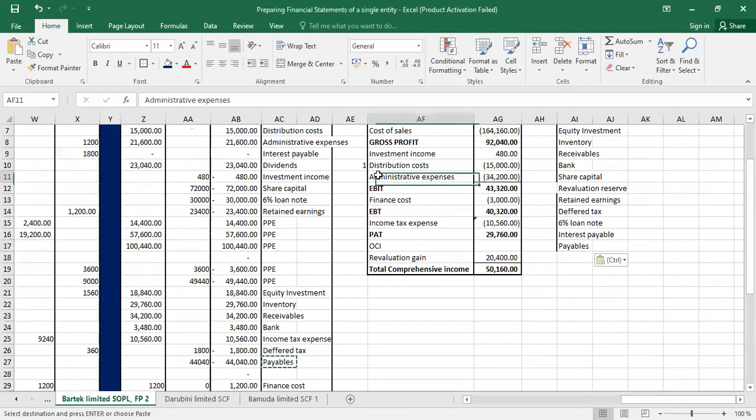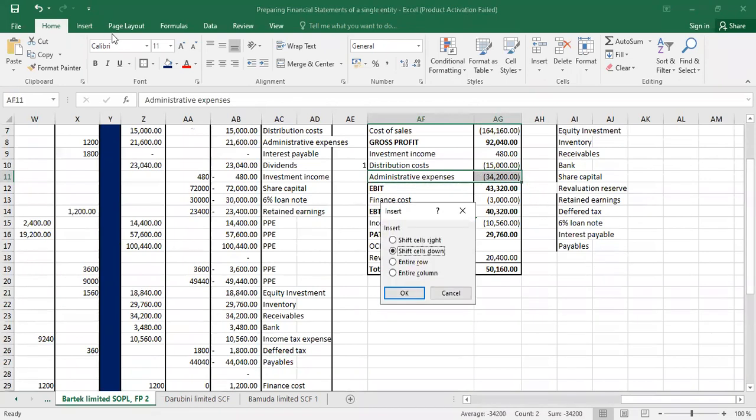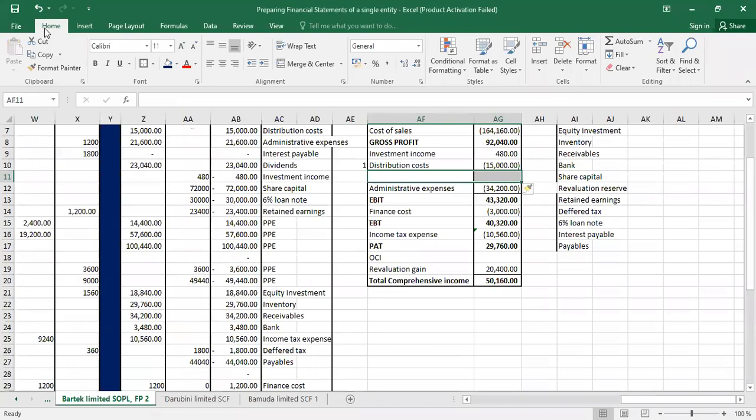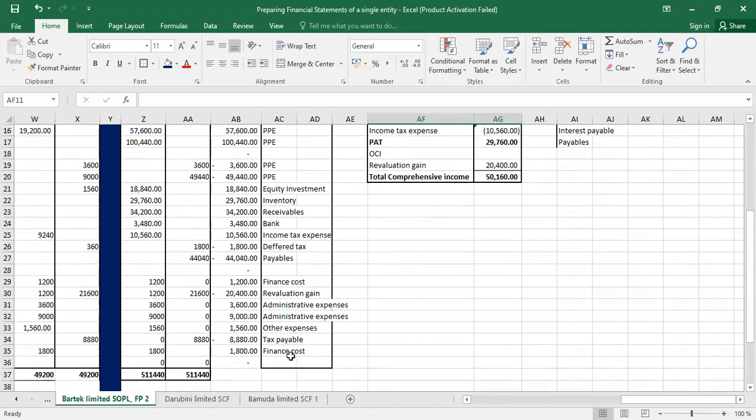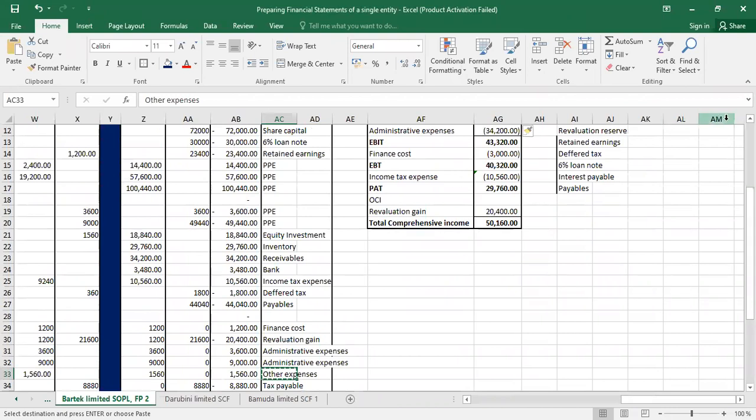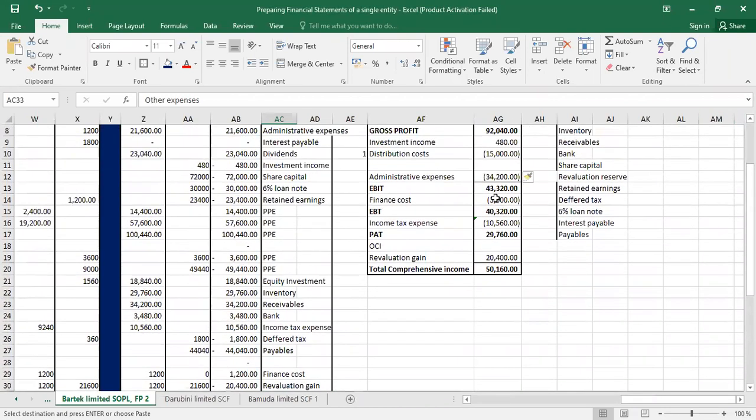So I'll just add another column. That is the advantage of Excel. So we had other expenses. When you correct, you just create some space and you correct, isn't it? Not like the others, the manual one. You have to rub everything.